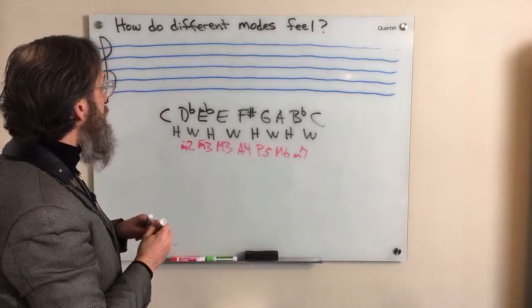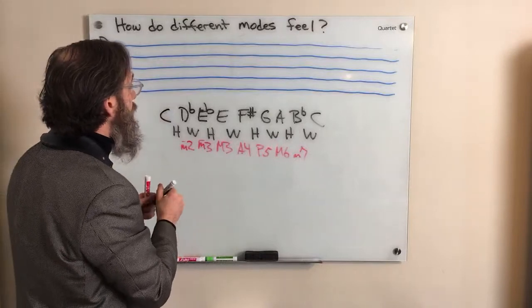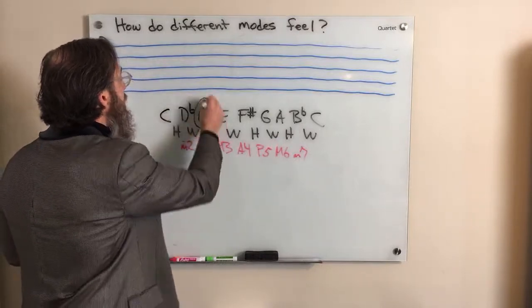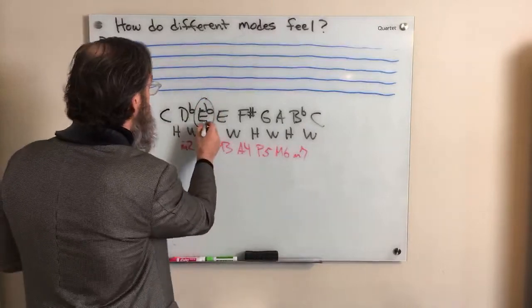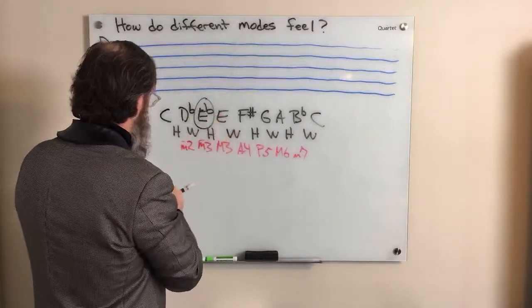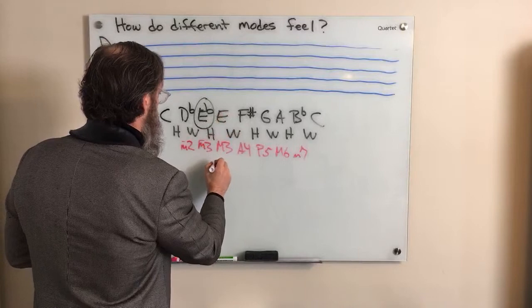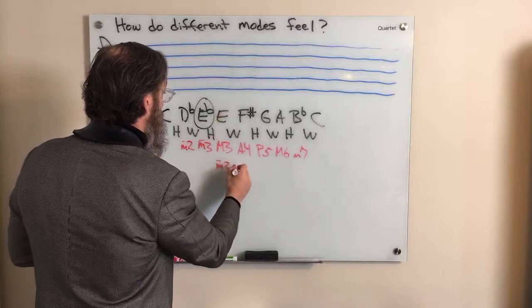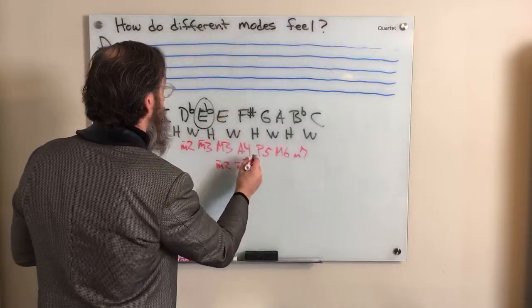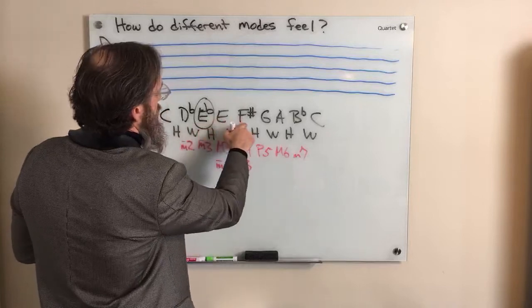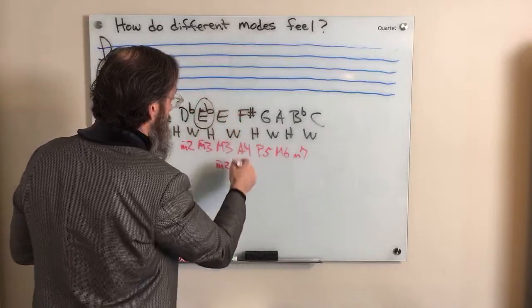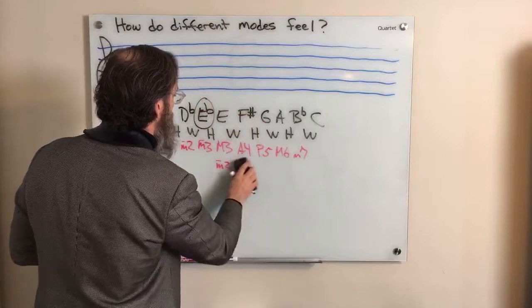So that's your intervals above a bass. Let's say we started instead on the E flat. The intervals above that bass would be minor second, minor third, or in this case you could say augmented second, which is enharmonically the same. So I'll write it as the enharmonic.